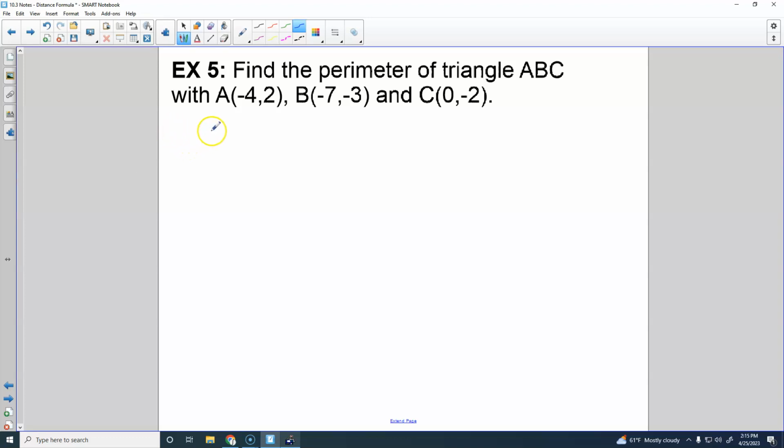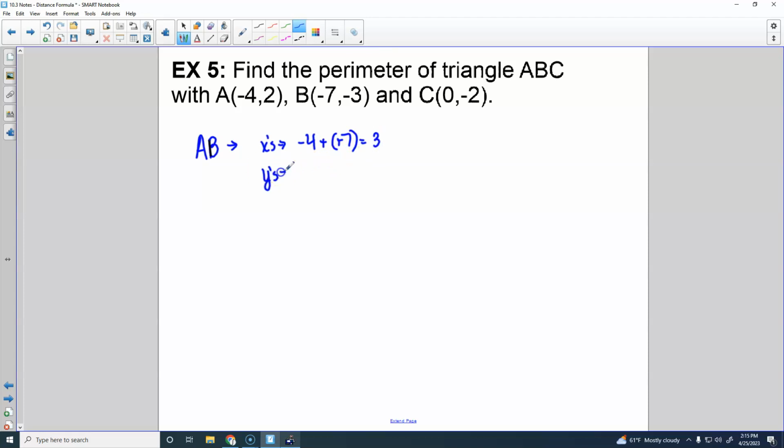So what I would do for this is I would just start by finding the length of AB. I'm going to do this both ways because some of you may prefer one way over the other. You could subtract x's, which is -4 minus -7, which is going to give you 3.